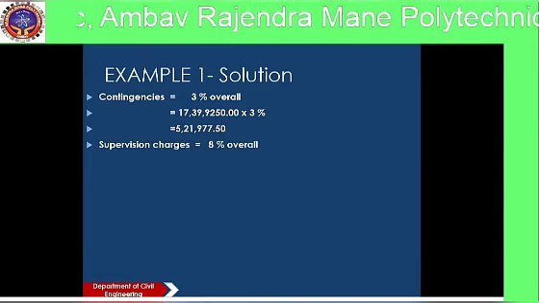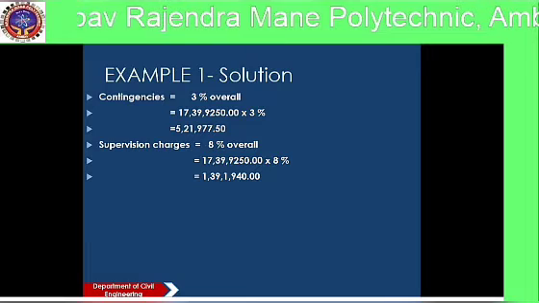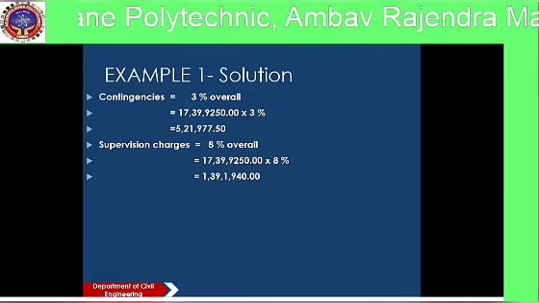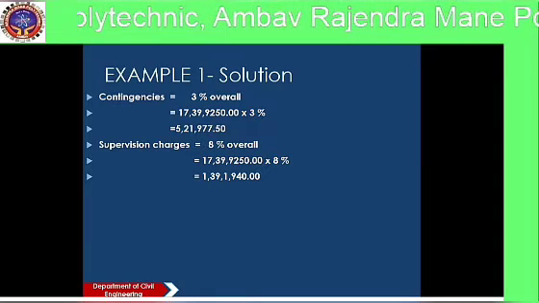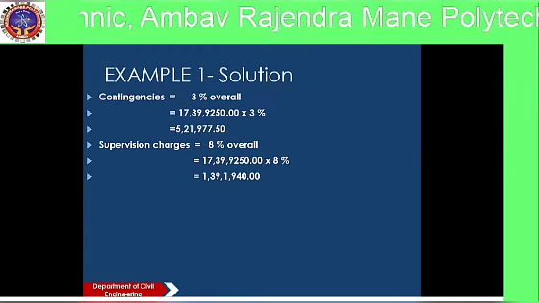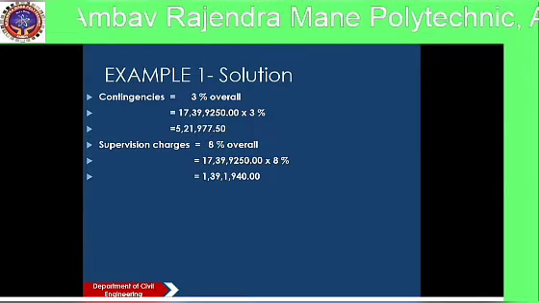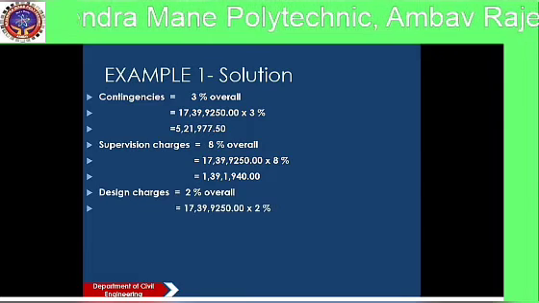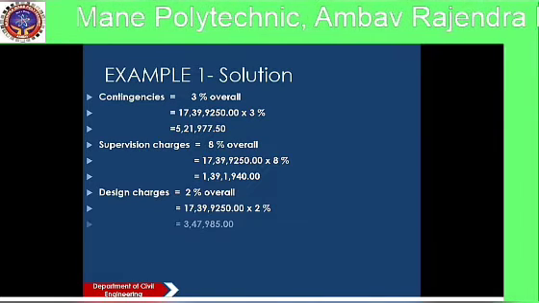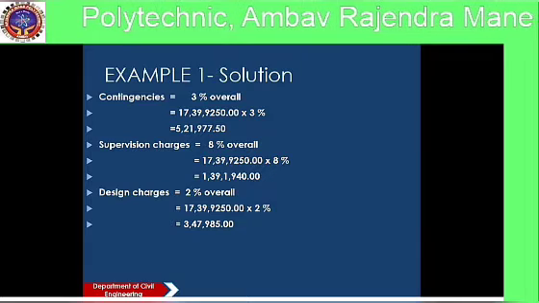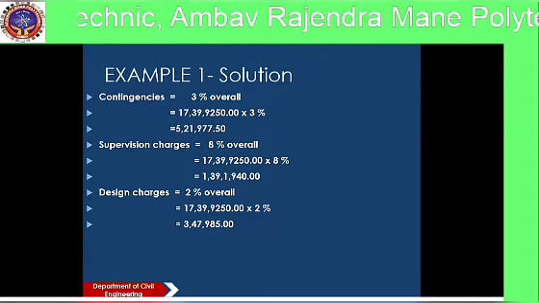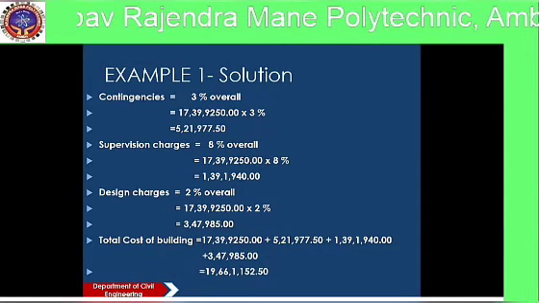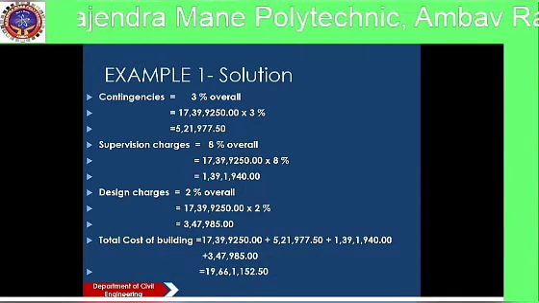Supervision charges 8% of 1 crore 73 lakh 99,250 is equal to 13 lakh 91,940. Design charges 2% of overall cost is equal to 3 lakh 47,985. So total cost of building is equal to the sum of all these costs.